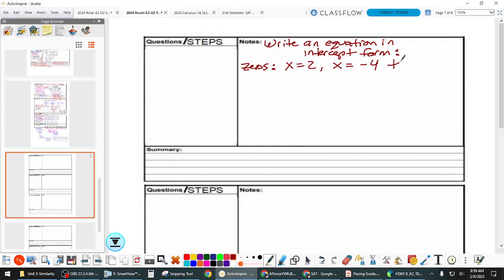And then, so there's your zeros, and then let's say it goes through the point, I don't know, how about 1, 5. So step 1 is to write generic intercept form.